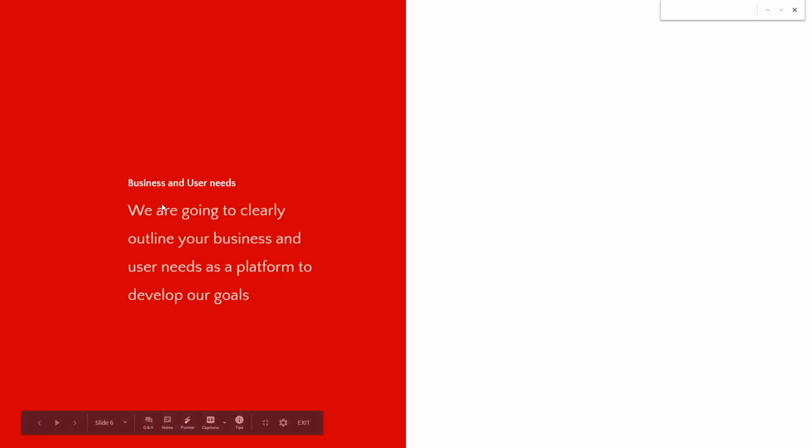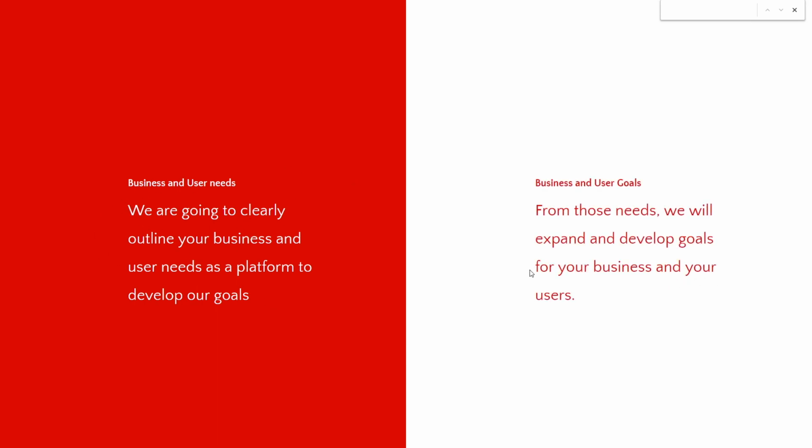So in the next video in the series, we're going to talk about those particular business and user needs. We're going to clearly outline those and use them to develop a platform for our goals. And we're going to create some goals off that are going to help us understand more about what your business and what your users are really trying to achieve on your website.